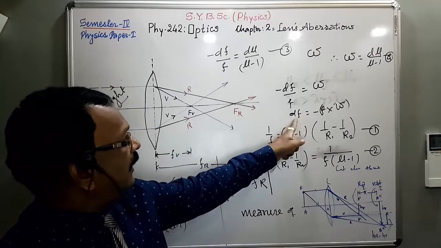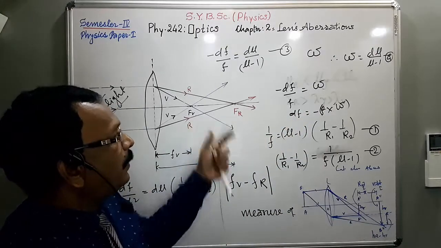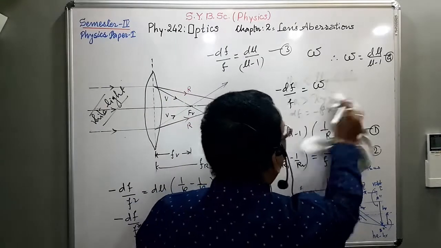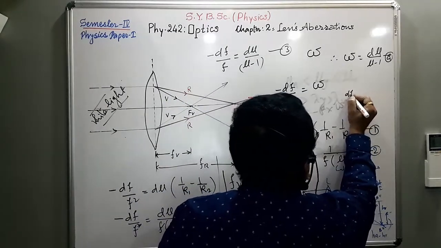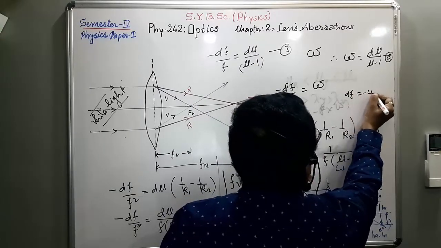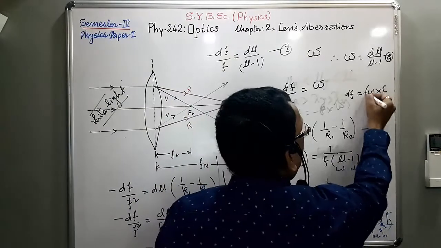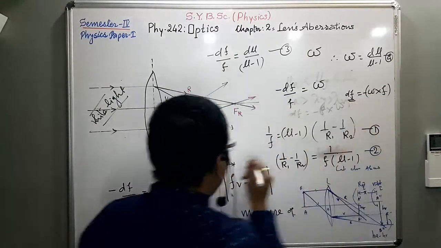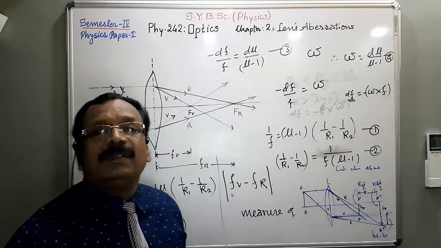What is df? df is the difference between these two focal lengths. Okay. Or instead of this we can write simply df is equal to minus omega into f. What is df? df is the difference between two focal lengths corresponding to extreme colors.